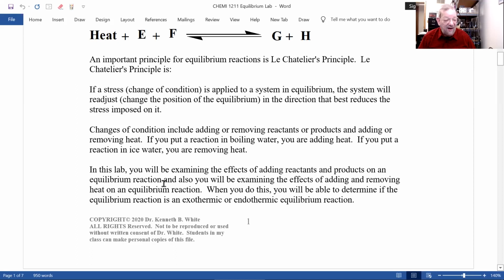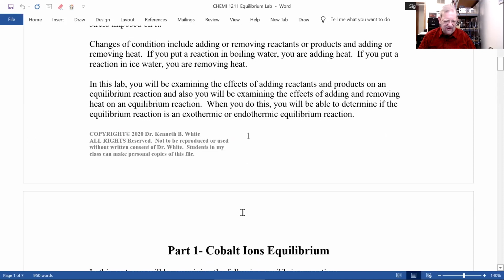In this lab, you'll be examining the effects of adding reactants and products on the equilibrium reaction. You'll also be examining the effects of adding and removing heat. When you do this, you'll be able to determine if the reaction is exothermic or endothermic.